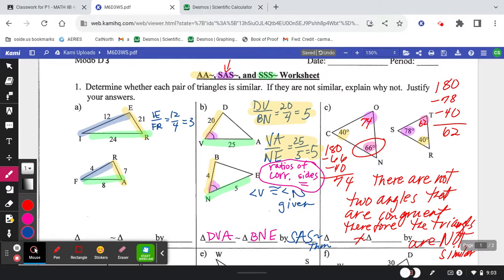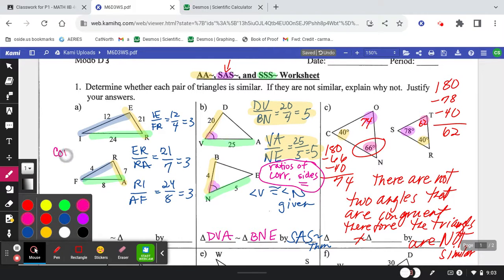That reduces down to 3. And then I'm going to do the yellow side. ER is to RA is 21 over 7. Also a 3. And then the green side, RI is to AF, 24 is to 8. And so notice that on all three, I have that ratios of corresponding sides are equal. They all equal 3.